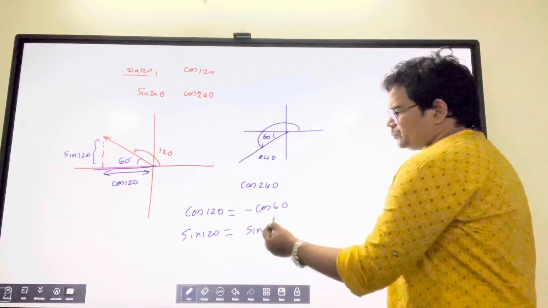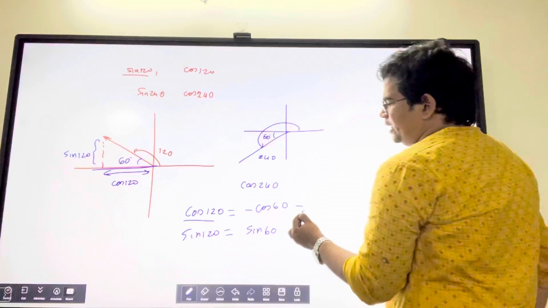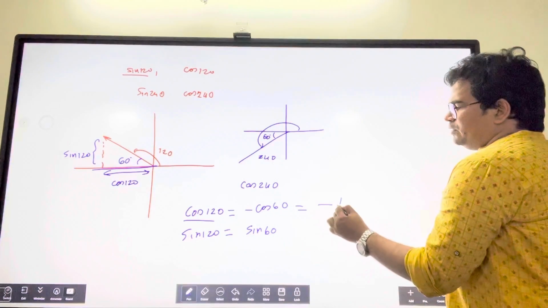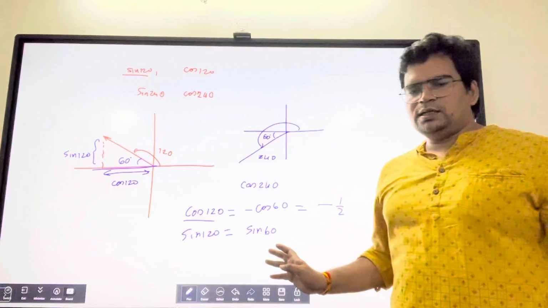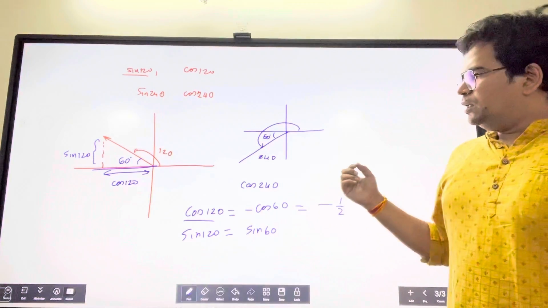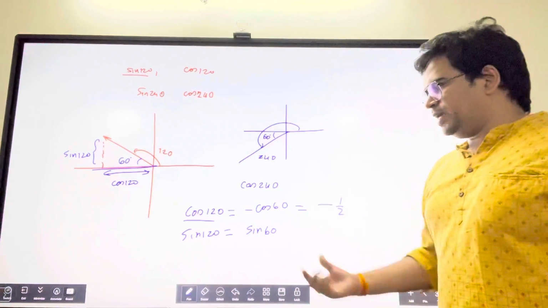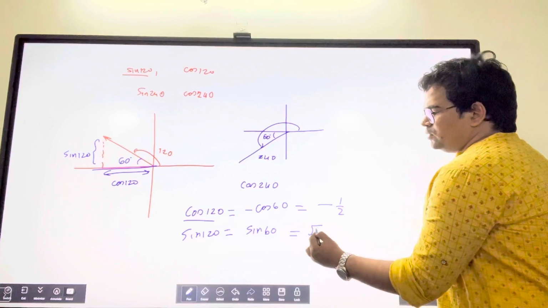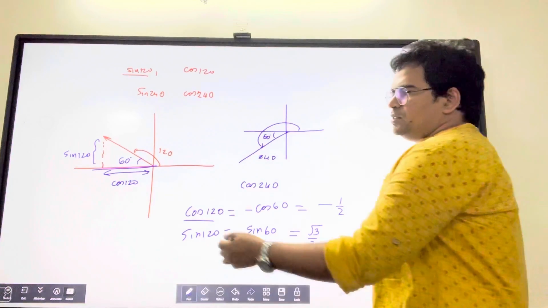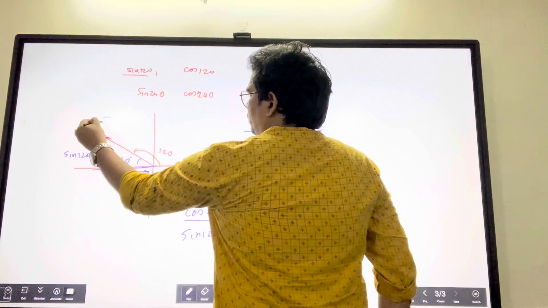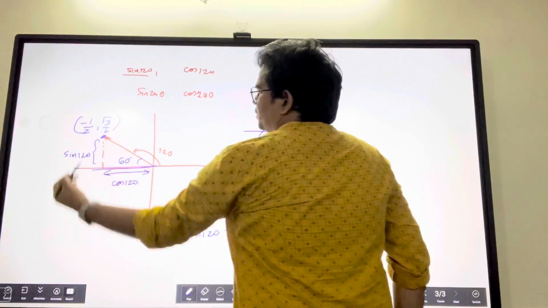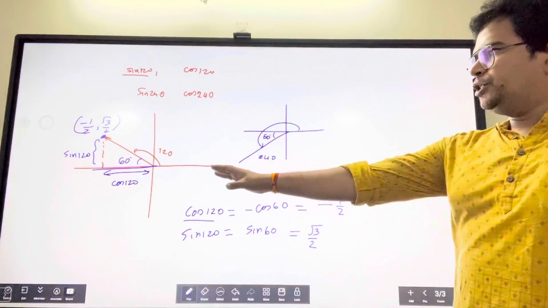So cos of 120 is negative cos 60, which is negative half, using the triangles that I had drawn. Sine of 120 is sine 60, which is root 3 by 2. So the coordinate of this point is negative half comma root 3 by 2. That's how you predict the ratios.